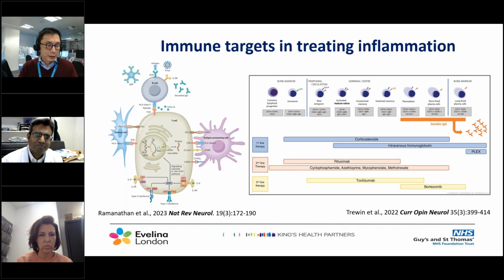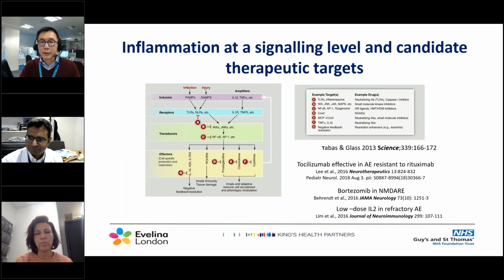And I'm not wanting to discuss that today, probably because of time, and probably because it requires much more data. But you can see that if rituximab does fail, IL-6 blockade, and moving up the chain of targeting the cells towards the plasma cell would be logical, but we still require the evidence.